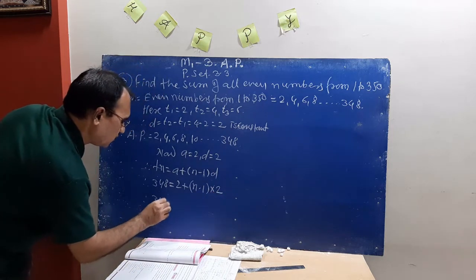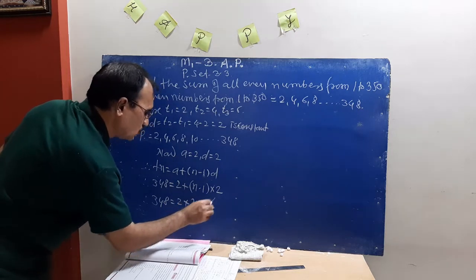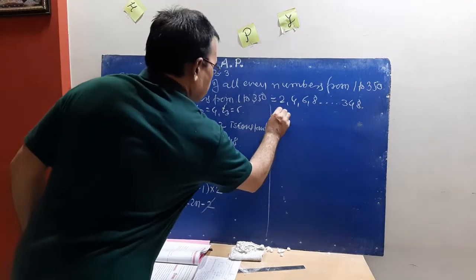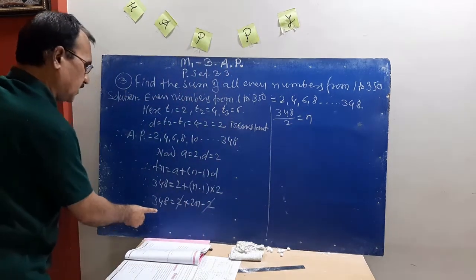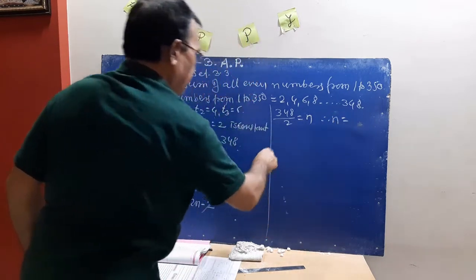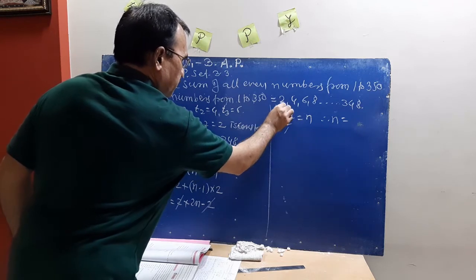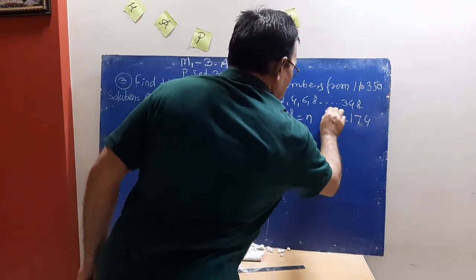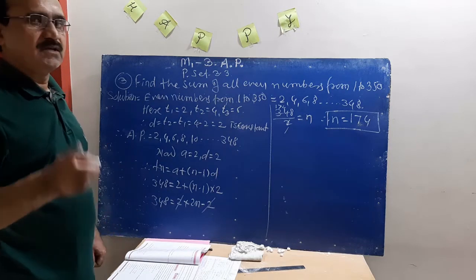So 348 is equal to 2 plus 2n minus 2; the 2 and minus 2 cancel, and therefore 348 upon 2 is equal to n. Taking 2 to this side, it becomes divided, and therefore n is equal to 174. So n is 174.